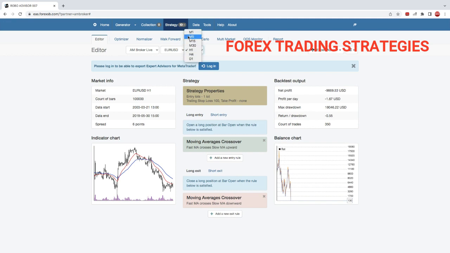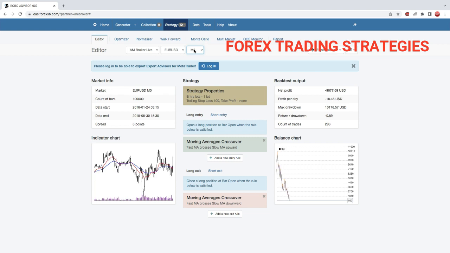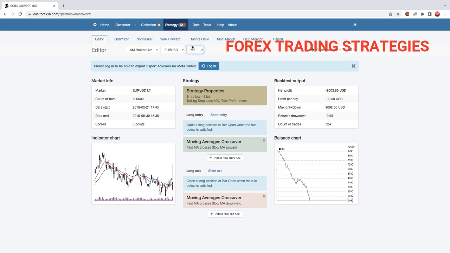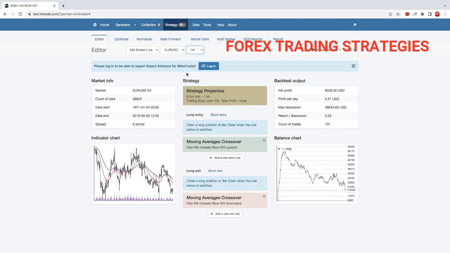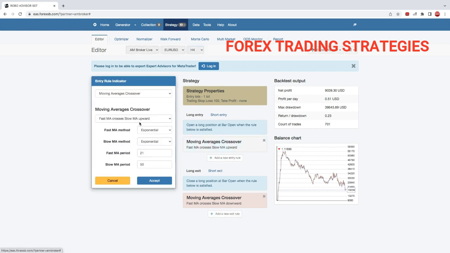So 5 minute, again terrible results. 1 minute, terrible results. So it looks like for me, no time frame is actually good for moving average crossovers. That's what I'm seeing here.